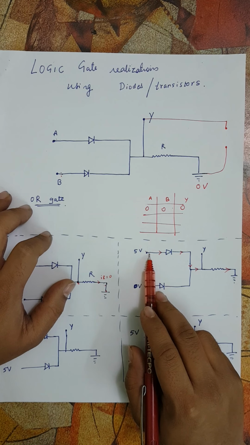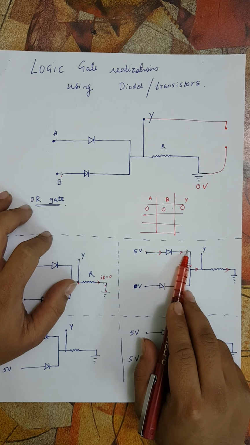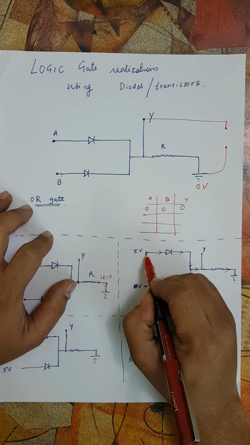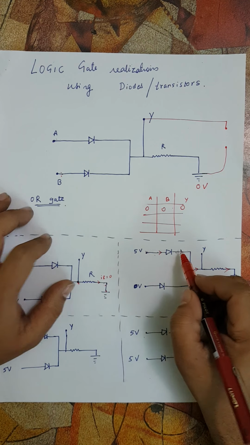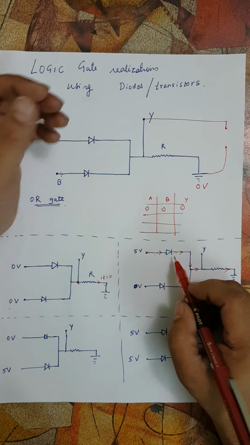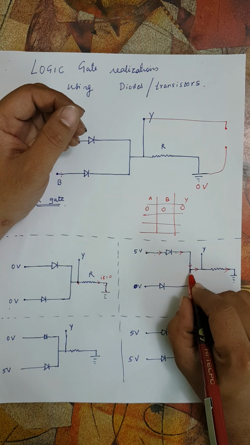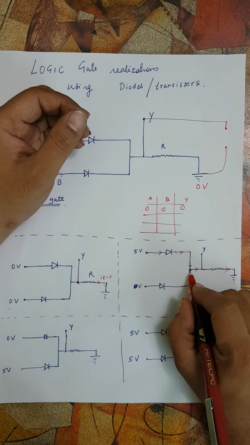When this becomes forward biased, current will flow through it, and the forward bias potential drop across an ideal diode is negligible. Even if we assume a small 0.6 to 0.7 volt potential drop across the diode in forward bias, the output will still be around 4.2 to 4.3 volt, which is quite a high voltage.